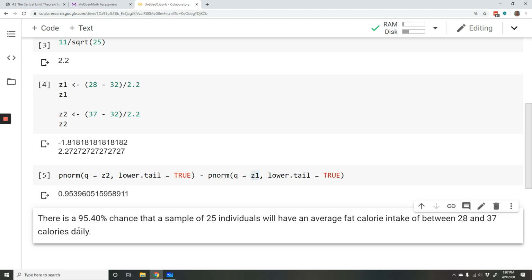So notice how this differs from what we did before. Before we were just saying, what's the chance of finding one individual between these values? Now we're saying, what's the chance of getting a sample of 25 individuals and having that average being between 28 and 37 calories?